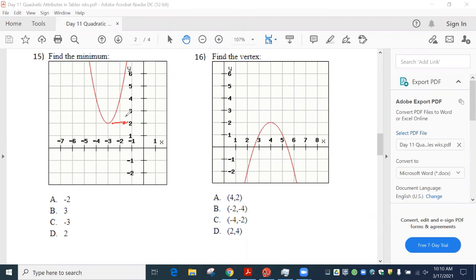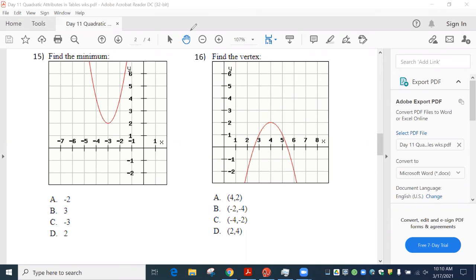So right here's the side. It's 2. So the answer should have been D. Okay. Vertex is the very top. Now, the important part is that you focus on the X coordinate first. The X coordinate is a 4, so the answer should have been A.